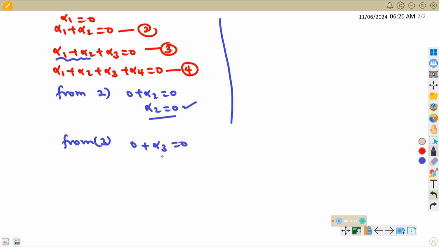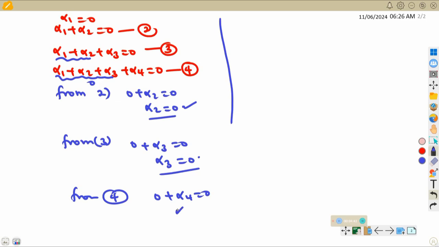It will also give us 0, so alpha 3 is also equal to 0. From equation 3, alpha 1 plus alpha 2 plus alpha 3 is 0, meaning the whole of this is 0. So from 4, we can also say that 0 plus alpha 4 is equal to 0. So clearly alpha 4 will be equal to 0.